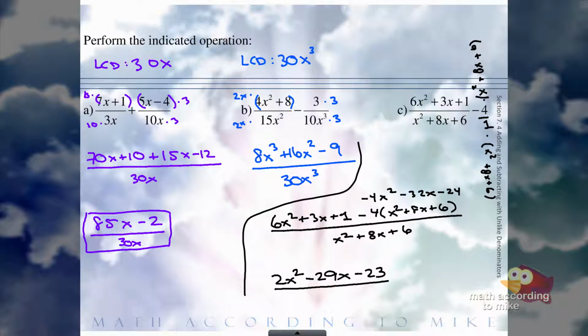Don't forget your denominator, x squared plus 8x plus 6. So if you just have a constant like we did, it being 4, remember that's technically over 1. So same exact process as before. The LCD just happened to be the first fraction's denominator.